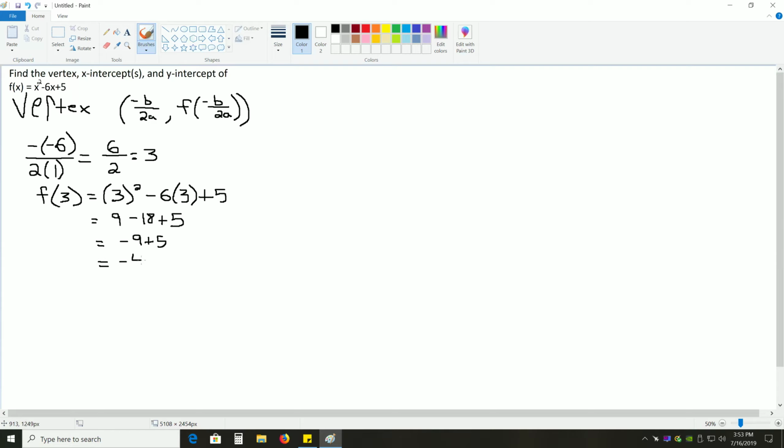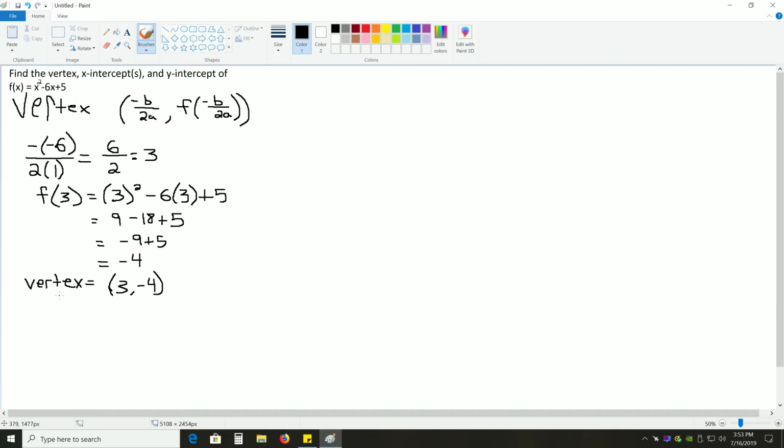And finally, negative 4. So the vertex, in this case, we'll label it here, is the point 3, comma, negative 4.